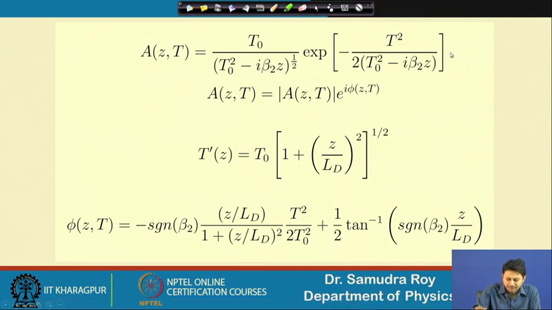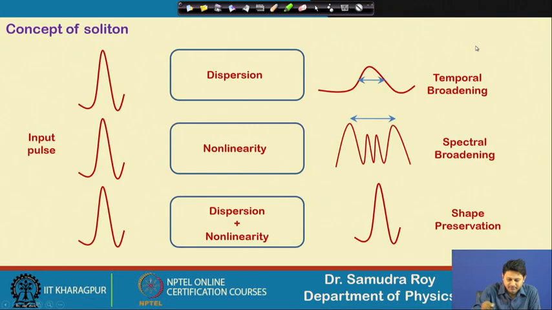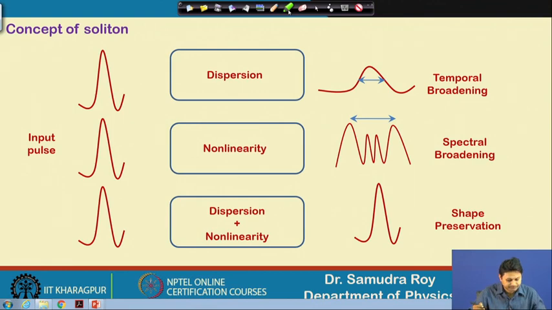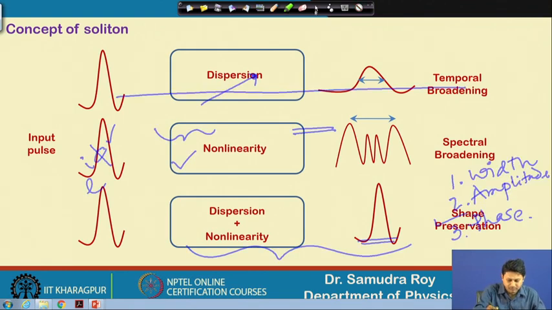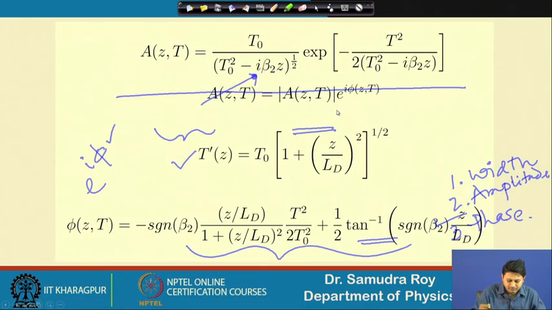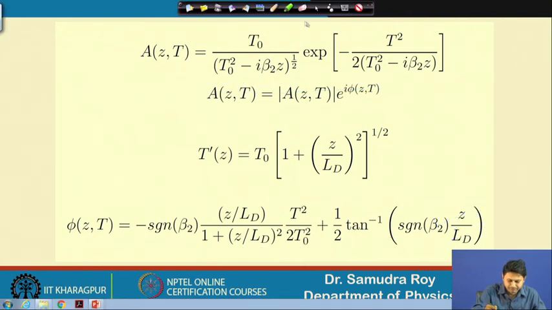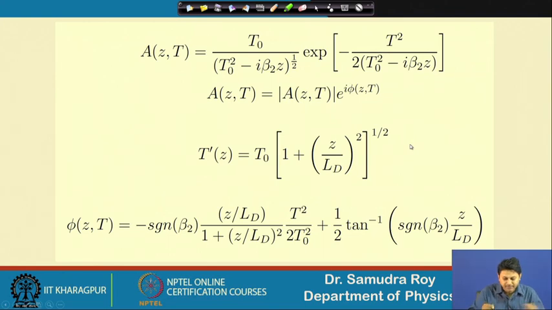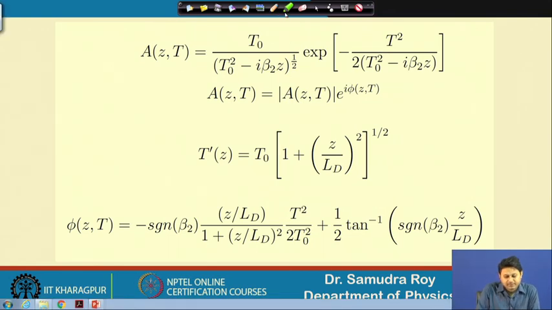This is the Gaussian pulse shape that we had, and it is written in terms of amplitude and phase, as I mentioned. If I calculate this phase, then I will have this big term.